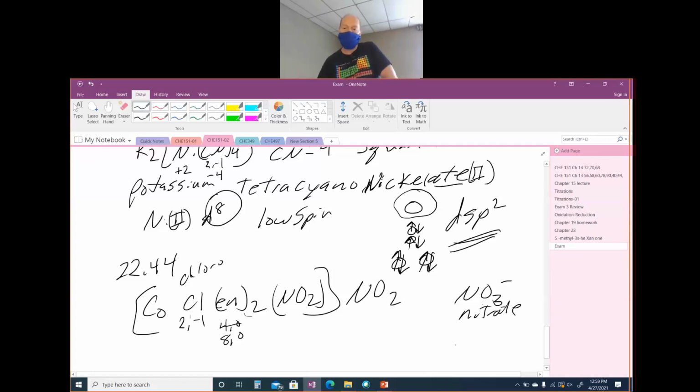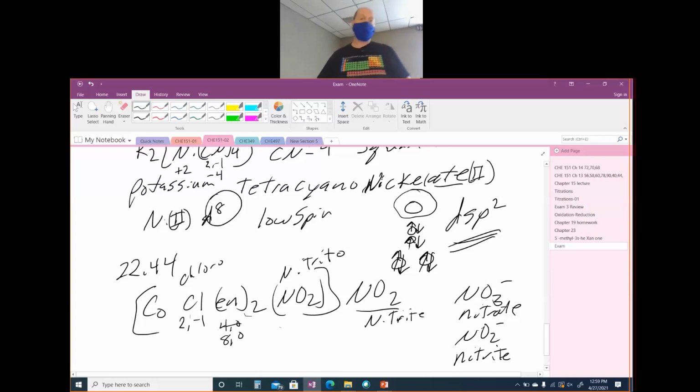So NO2 minus is nitrite. But that is a negative ion, so it is nitrito. So this is nitrito-O. Drop the E and you add O. But here it is simply nitrite, because outside the bracket you are not a ligand.